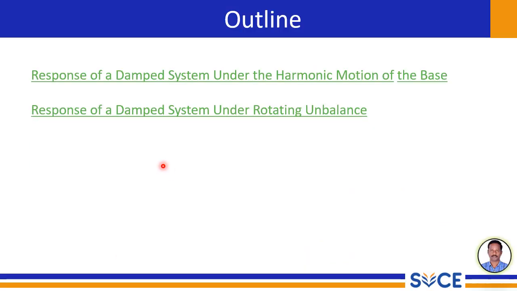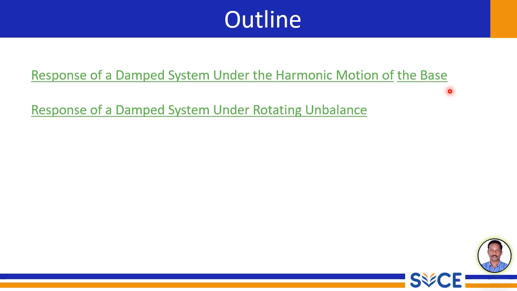Alright, let's take a quick look at what we will be covering in this part of the forced vibration discussion. First, we will delve into the response of a damped system under the harmonic motion of the base. This is the scenario we introduced in the previous session, where the foundation of our spring mass damper system is oscillating.